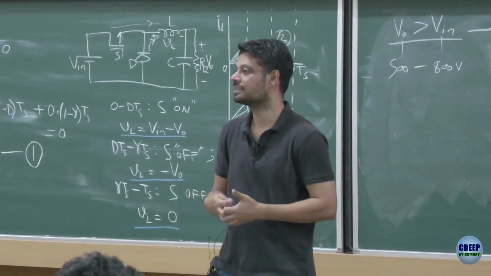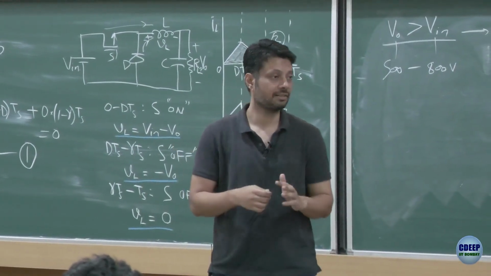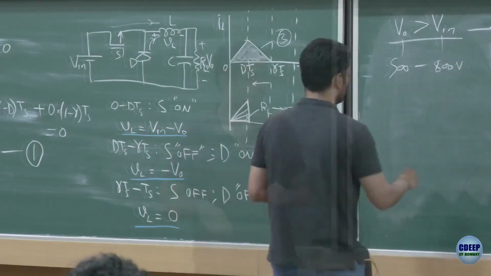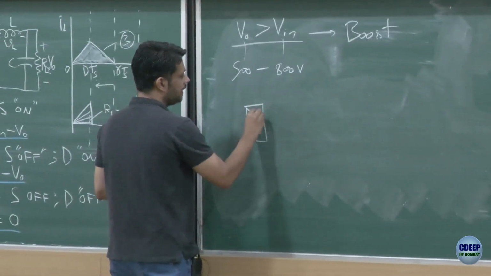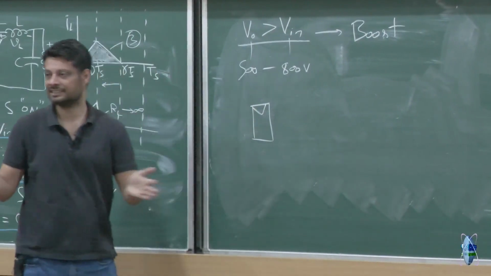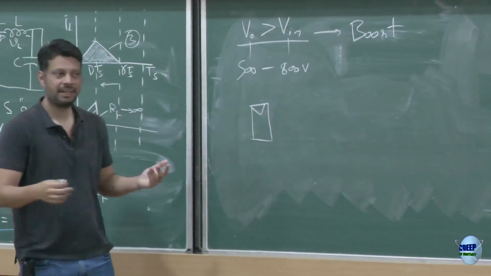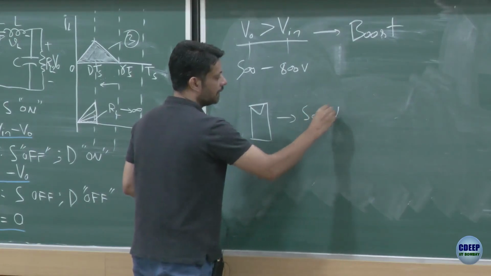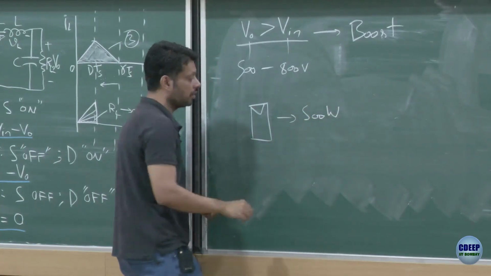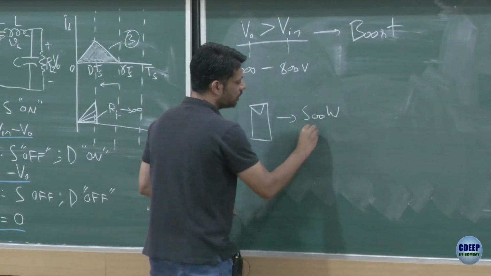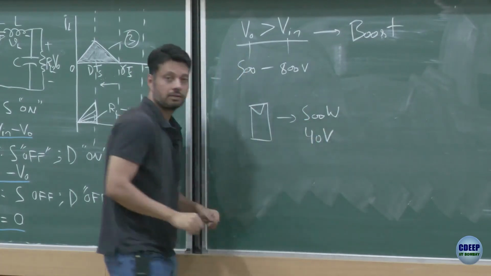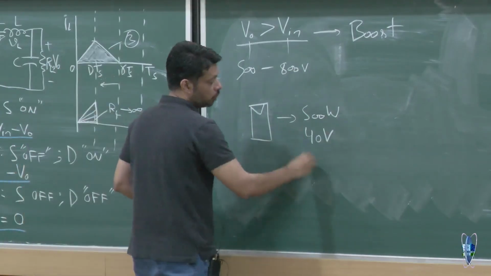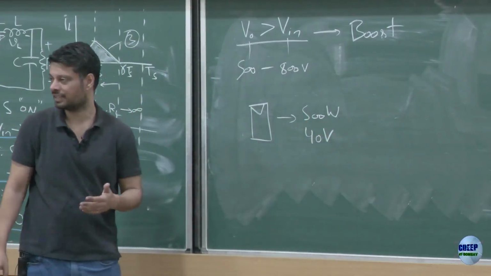One application which I thought of, otherwise we'll just keep talking about so many things, is solar generation. Solar panels come in different sizes and powers. A typical panel of 500 watt comes with a voltage of about 40 volt, though of course the voltage is not constant, it keeps changing.